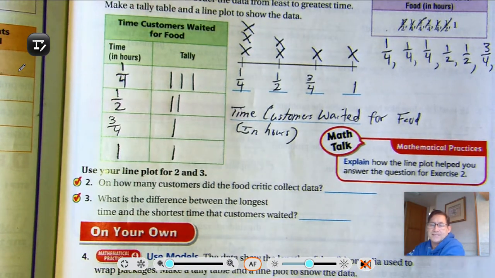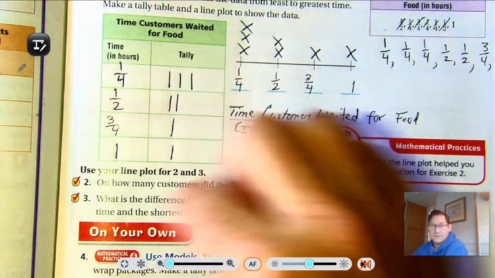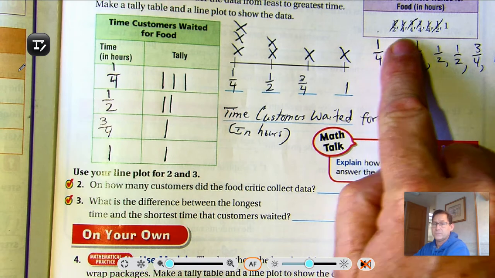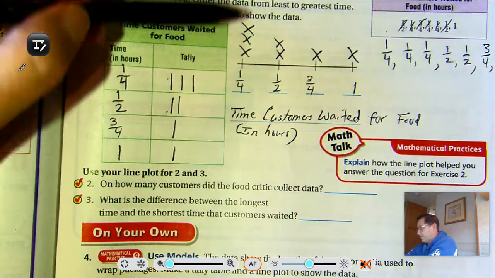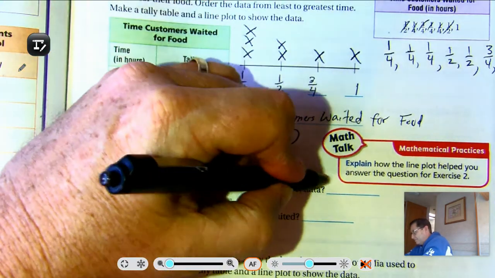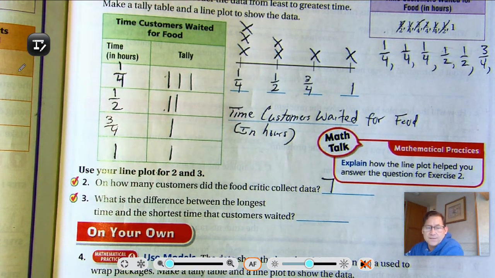How many customers did the food critic collect data from? Well, we could count the tally marks. We could count the number of X's. We could count the number of raw data points. So 2, 4, 6, 7. 7 customers. What's the difference between the longest time and the shortest time?